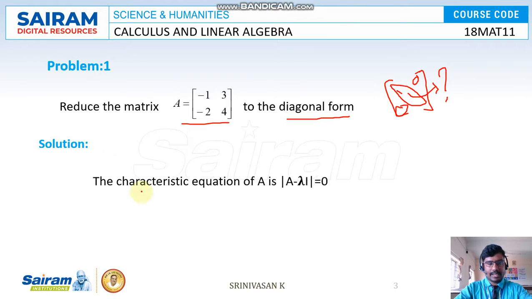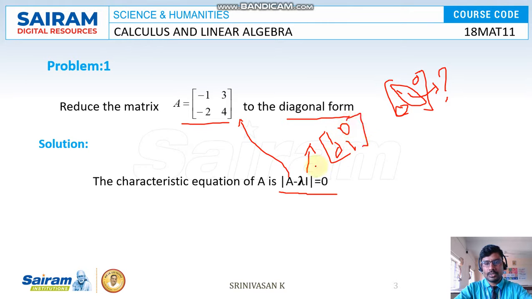First we have to find the characteristic equation. The formula is determinant of A minus lambda I equal to 0. A is the given matrix and I is the identity matrix. For a 2 by 2 matrix, the identity matrix is [1 0; 0 1].